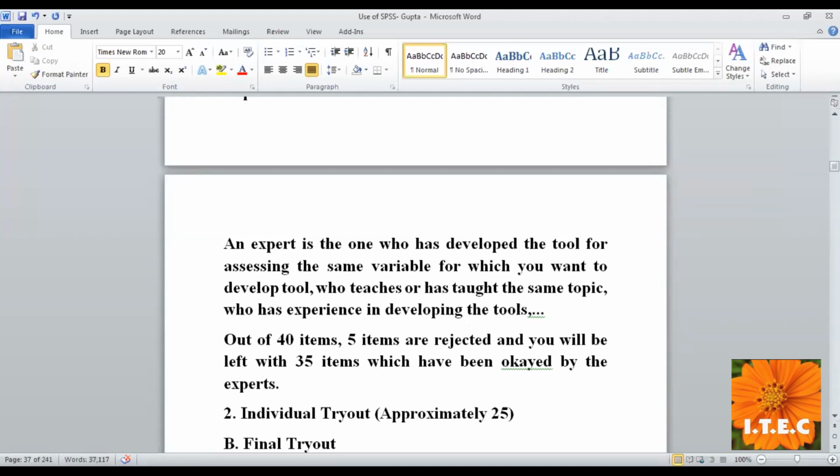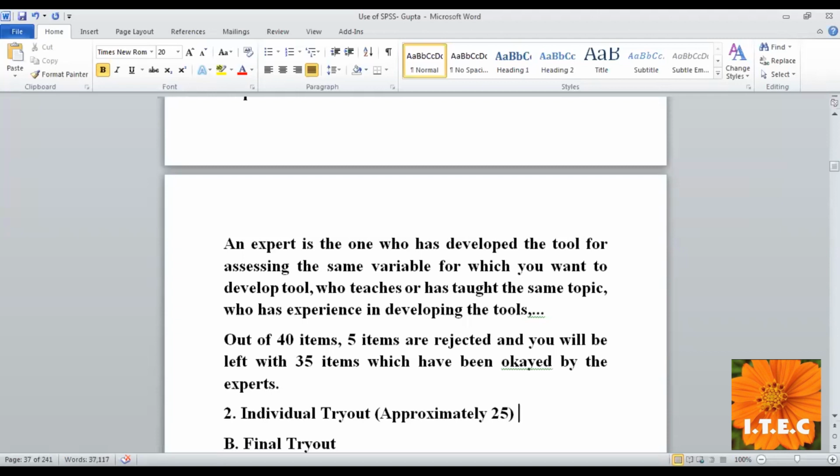And after selecting the group, you take permission from the principal, because you have selected that you want to go to these schools or these institutions or these offices or these patients.